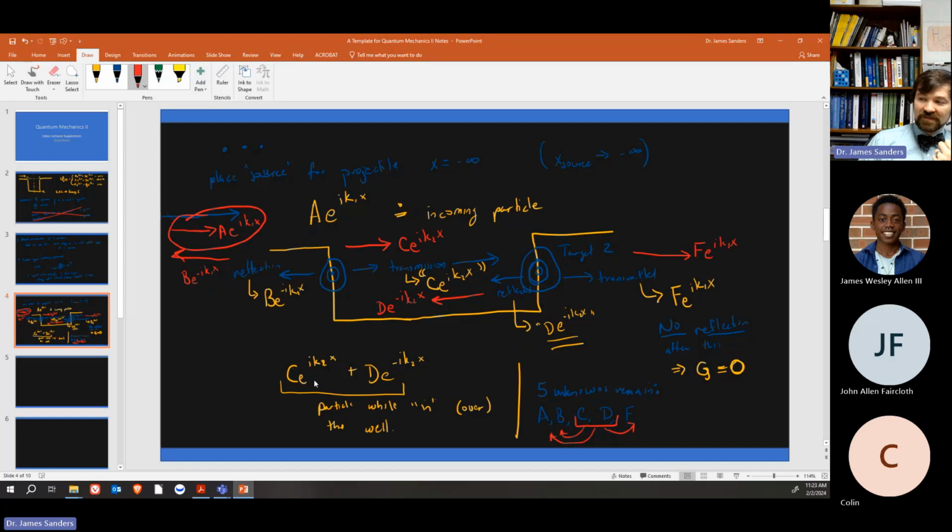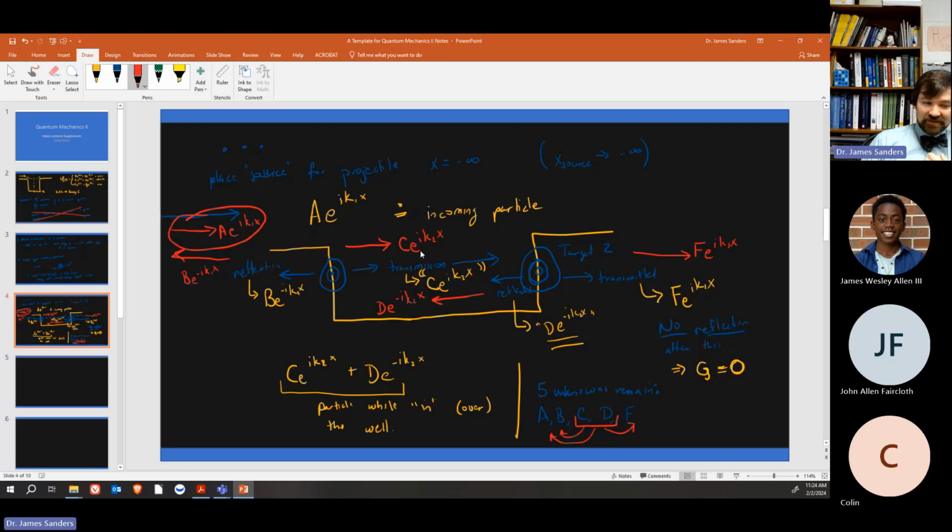So experimentally speaking, if I only send one particle and I'm able to measure that it's reflected, let's say, then I know immediately that this term has to be 0, and for that matter, that these two have to be 0. And again, if I send only one particle and I measure that a particle makes it over here, then I should also know immediately that there's no particle over here and that it has also exited the well.